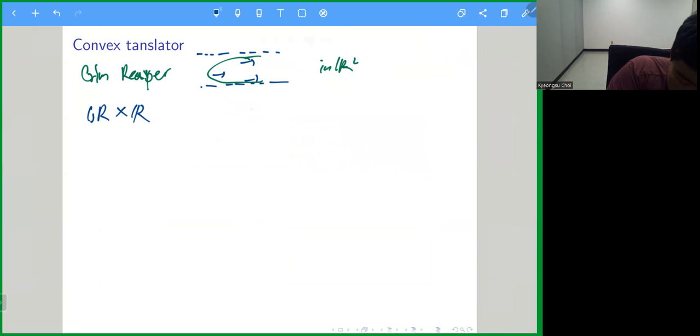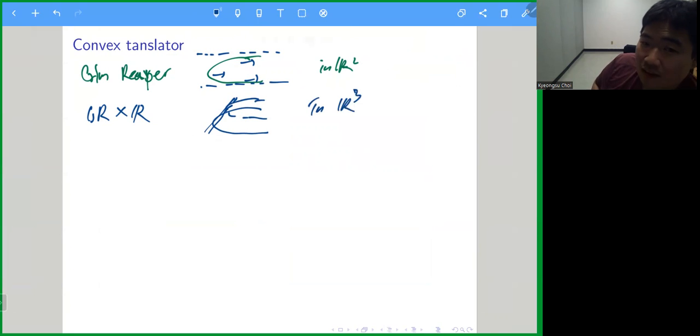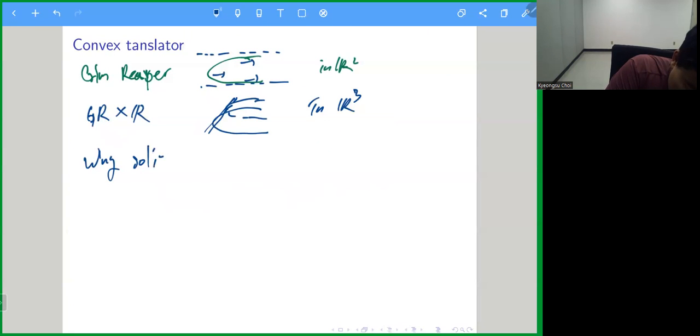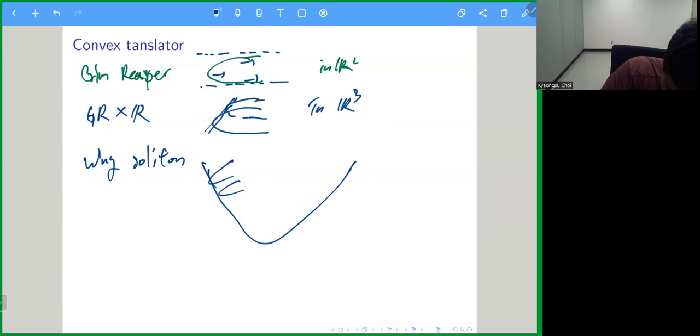Grim reaper cross R in R3. This is clearly a convex ancient flow. And we also have the winglike solitons, looking like this. It looks like a triangle, asymptotic to a triangle, but with the same width.